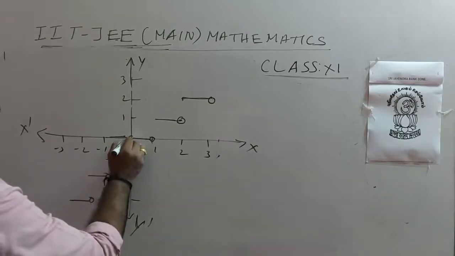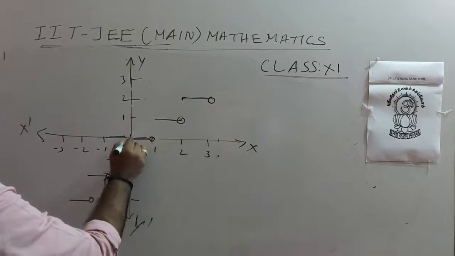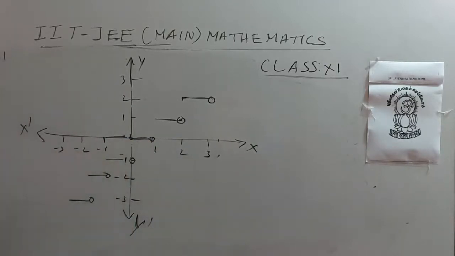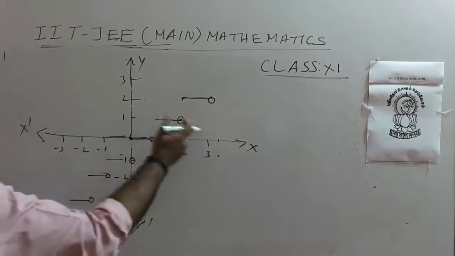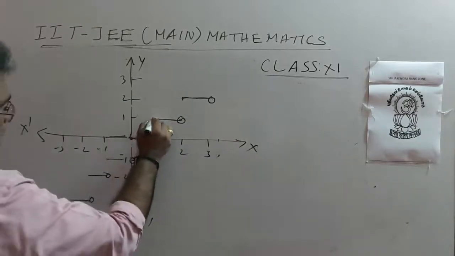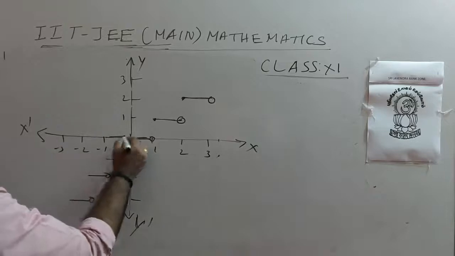So it will take only 0. 0 to 1 will take 0. 1 to 2 will take 1 only. 2 to 3 will take 2 only. So minus 1 to 0 takes minus 1 only.